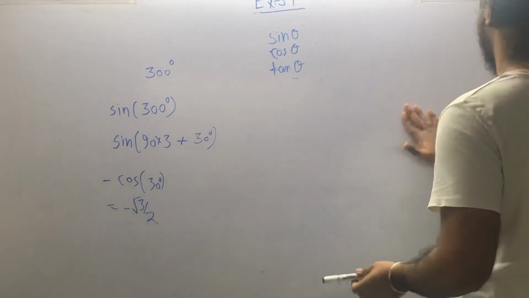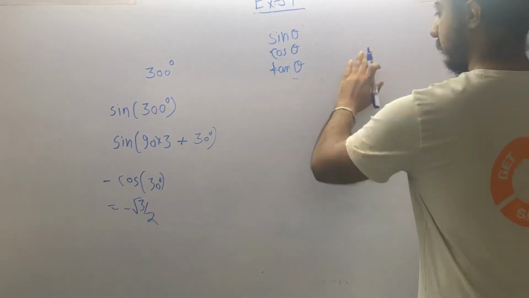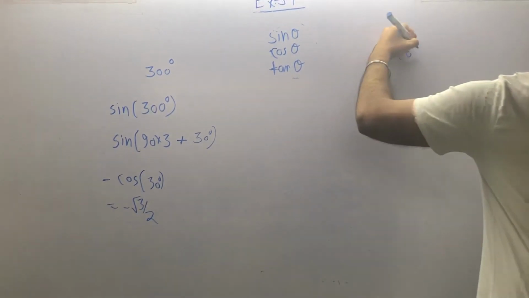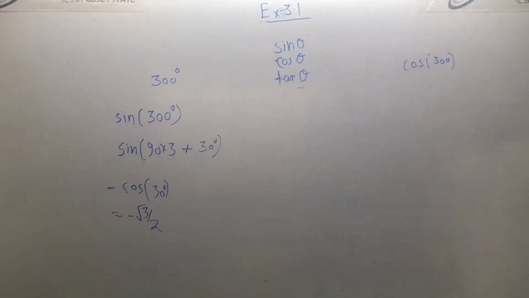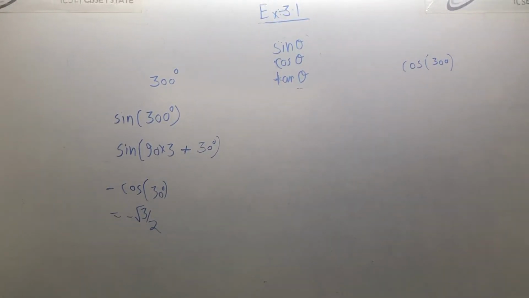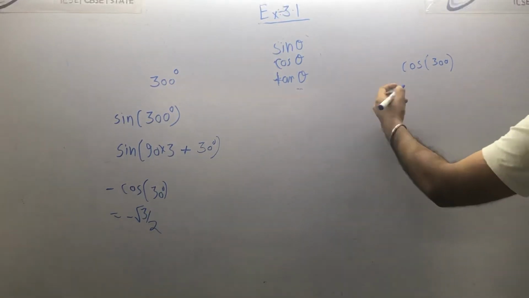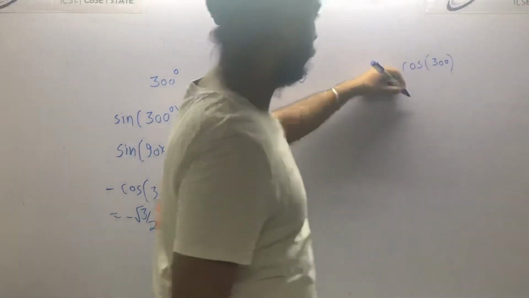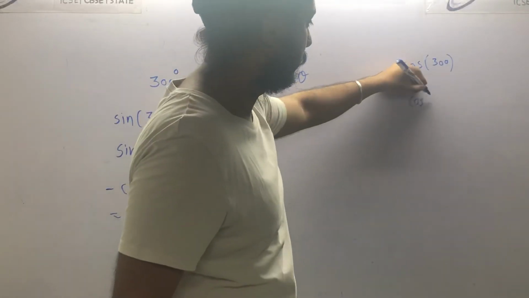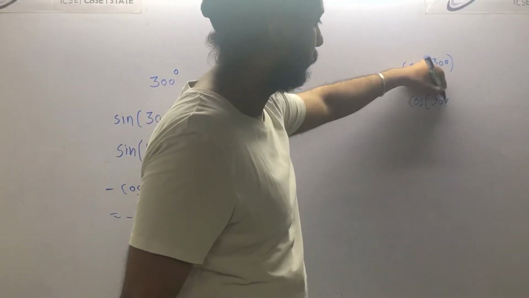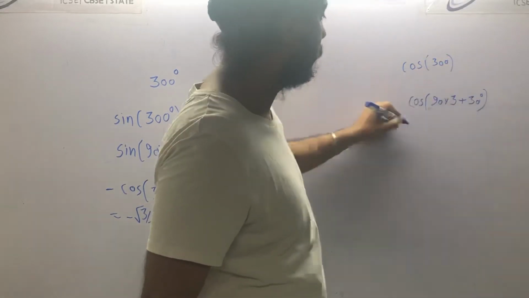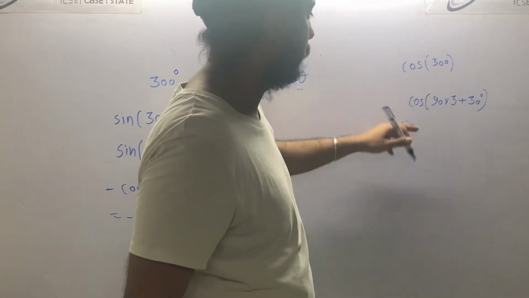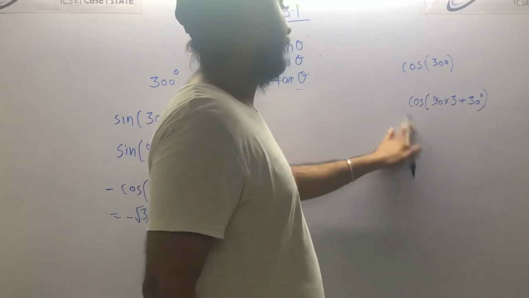Now next one we will see is cos 300. How can we write 300? Same, 90 into 3. First of all I will find the sign.